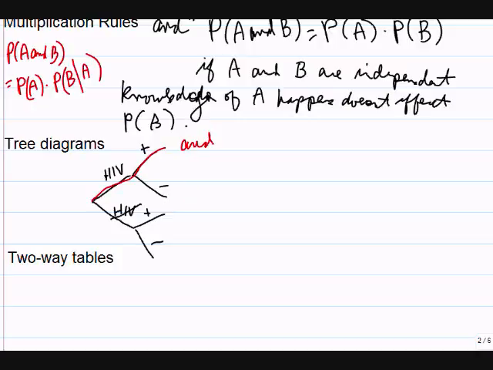So the AND is down the branch, and the ORs are at the end of the branches. HIV test positive, or HIV test negative, or no HIV test positive, or no HIV test negative. That would be at the end of the branches. Probability of HIV and testing positive would be a multiplication down the branch. Okay.